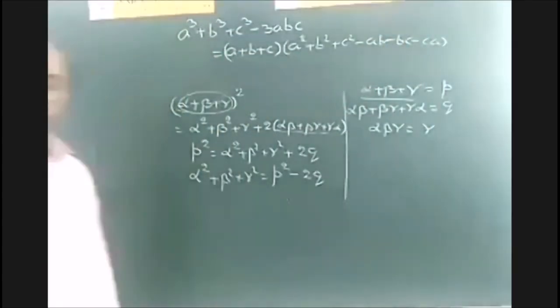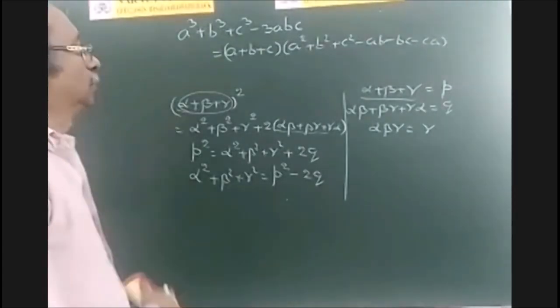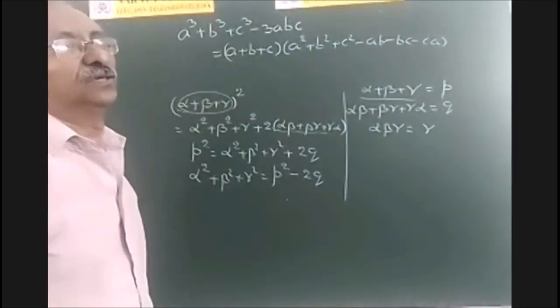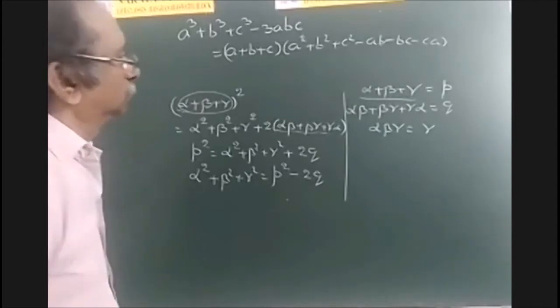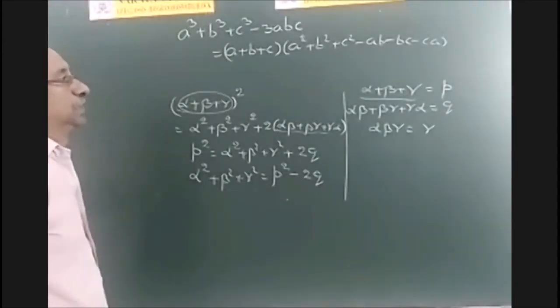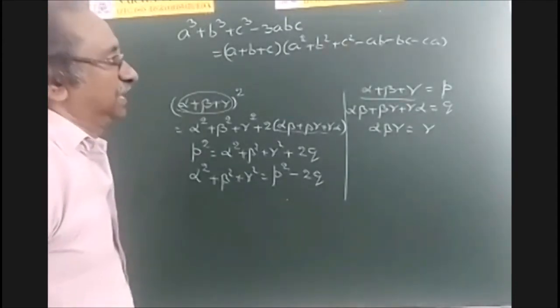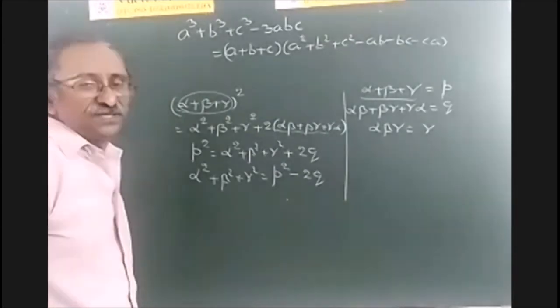It's a very, very useful and important formula. Write down: a cube plus b cube plus c cube minus 3abc is equal to a plus b plus c into a square plus b square plus c square minus ab minus bc minus ca.